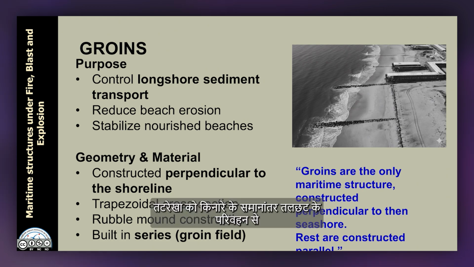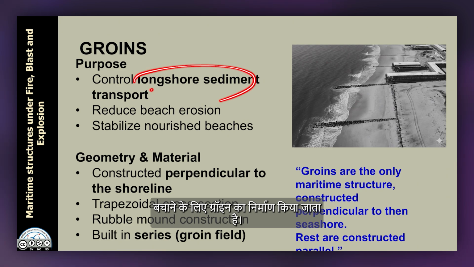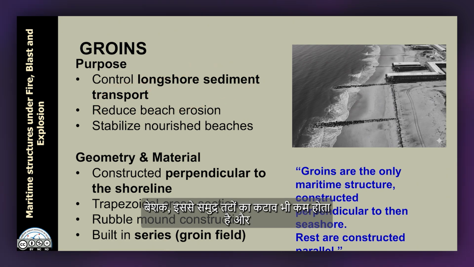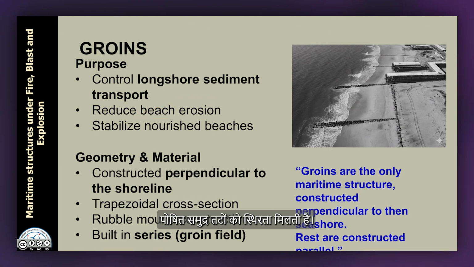So, groins are constructed to protect the coastline from long shore sediment transport. Of course, it also reduces beach erosion and stabilizes the nourished beaches. In most cases like Pattaya in Thailand, Hawaii in USA and Dubai, the Golden Beach, all are generally stabilized by constructing groins along them.